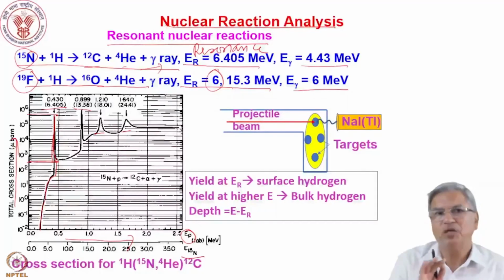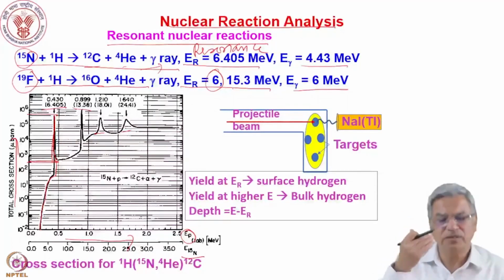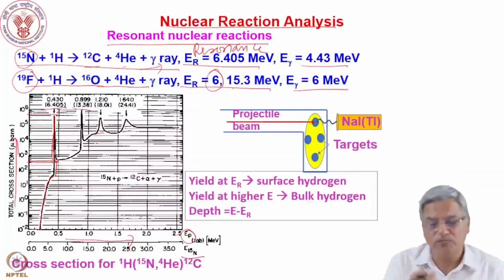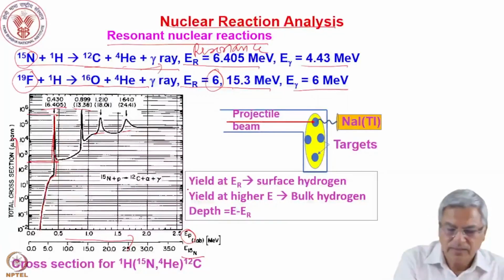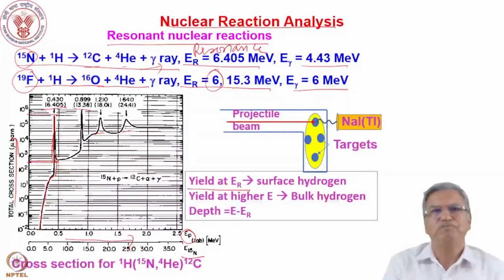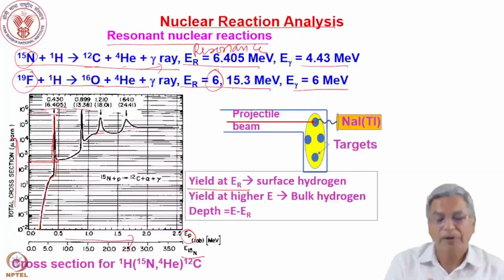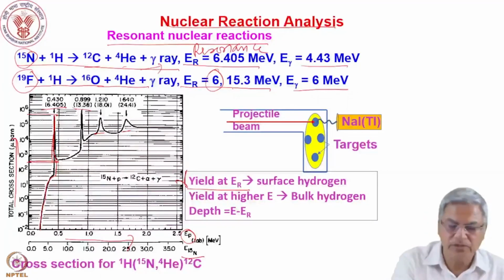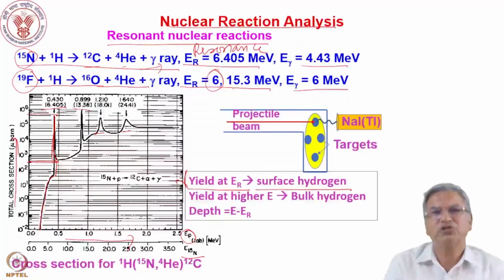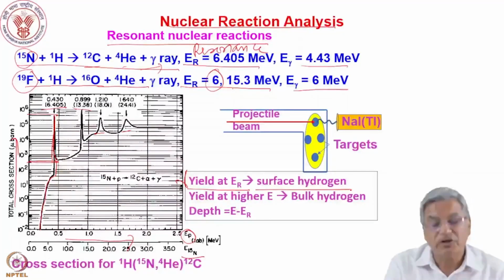So essentially you are making the resonance. If the energy of the projectile matches the resonance energy, there will be significant enhancement in the gamma ray yield. So how do you get the information? The gamma ray yield at the resonance energy gives you the concentration of the hydrogen.